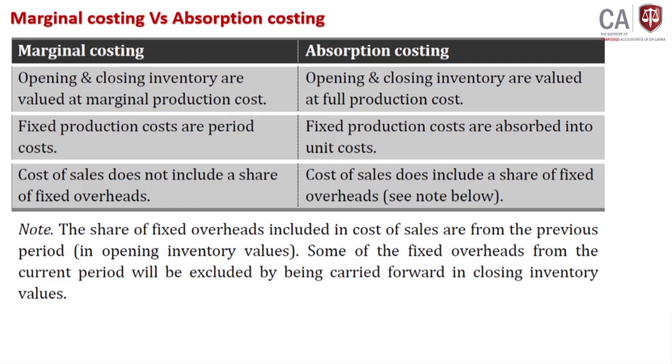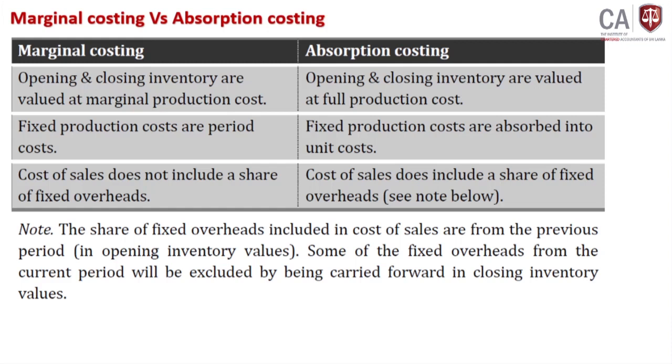But in absorption costing, opening and closing inventories are valued at full production cost. Full production cost means including fixed production overhead cost. Marginal production cost means excluding fixed production overhead, which has only variable production overhead.